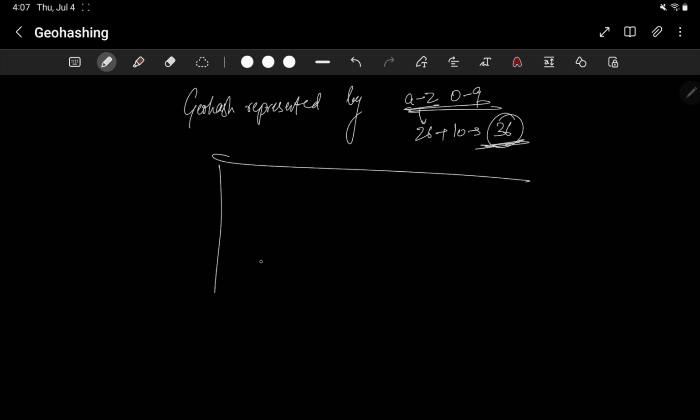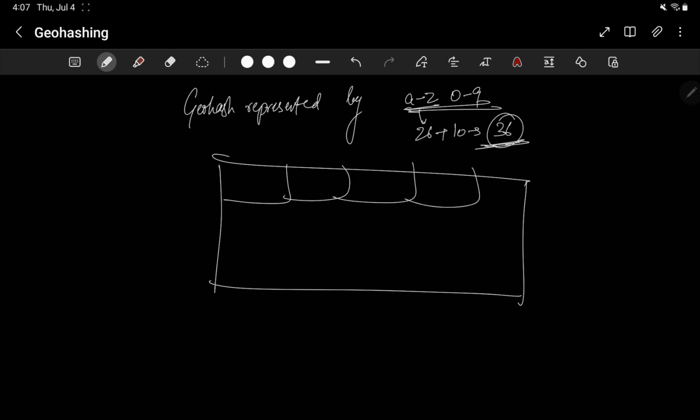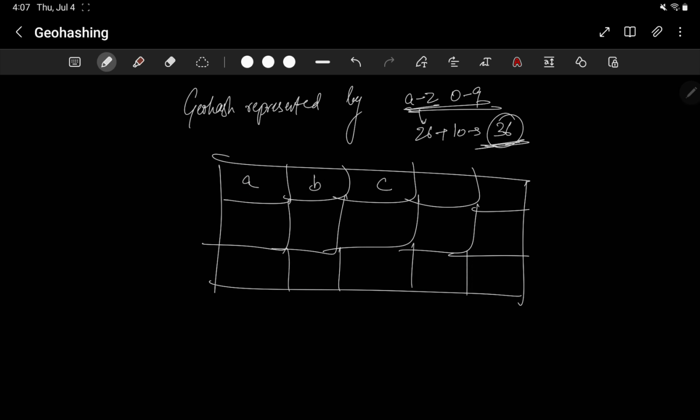So the entire Earth will first be divided into 36 geohashes of length 1. So it will start with A, it will start with B, it will start with C. Next, each will be divided again into 36. Then for the next level of precision, we will again go deeper. So this is how we achieve the precision.